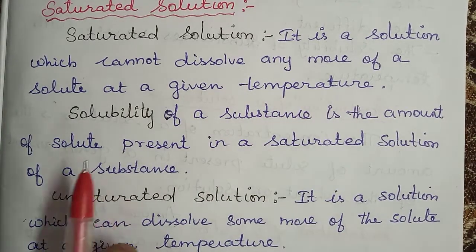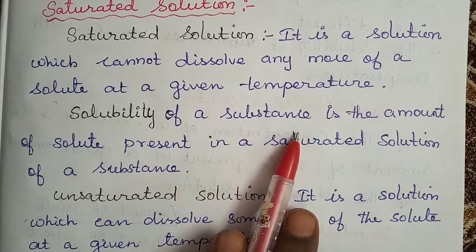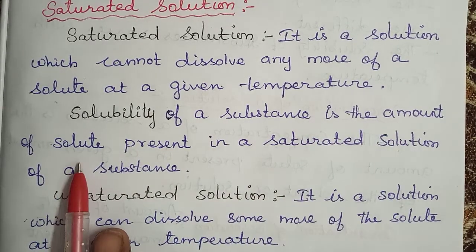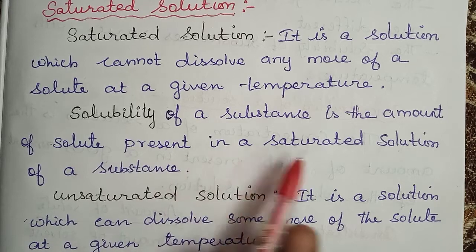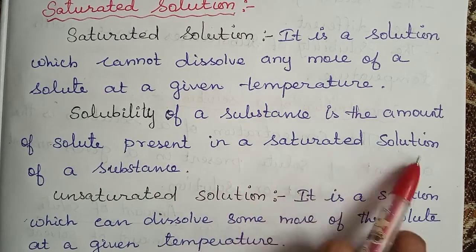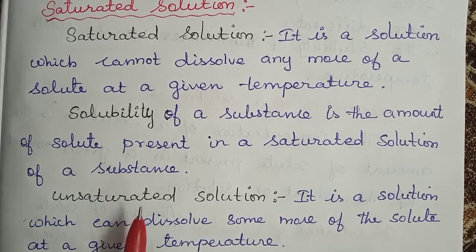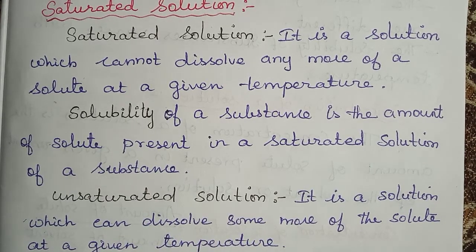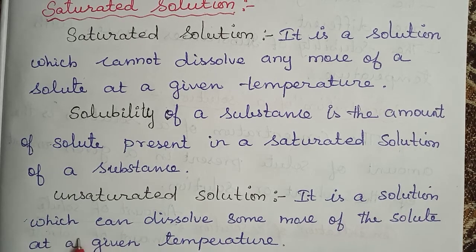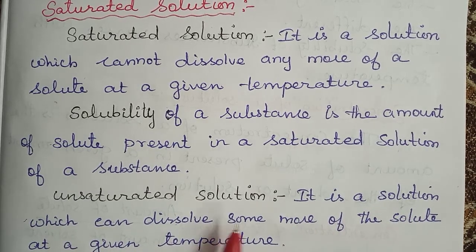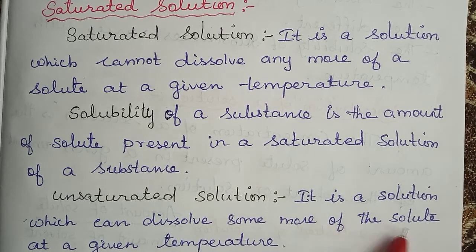The solubility of a substance is the amount of solute present in a saturated solution of the substance. Unsaturated solution: it is a solution which can dissolve some more of the solute at a given temperature.